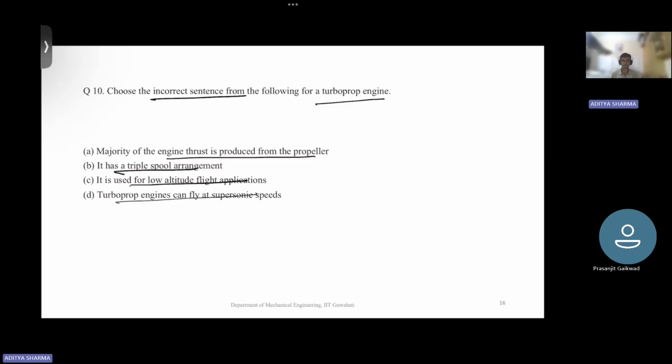The turboprop, we know, doesn't go for supersonic speeds. Okay, so clearly B is the one.